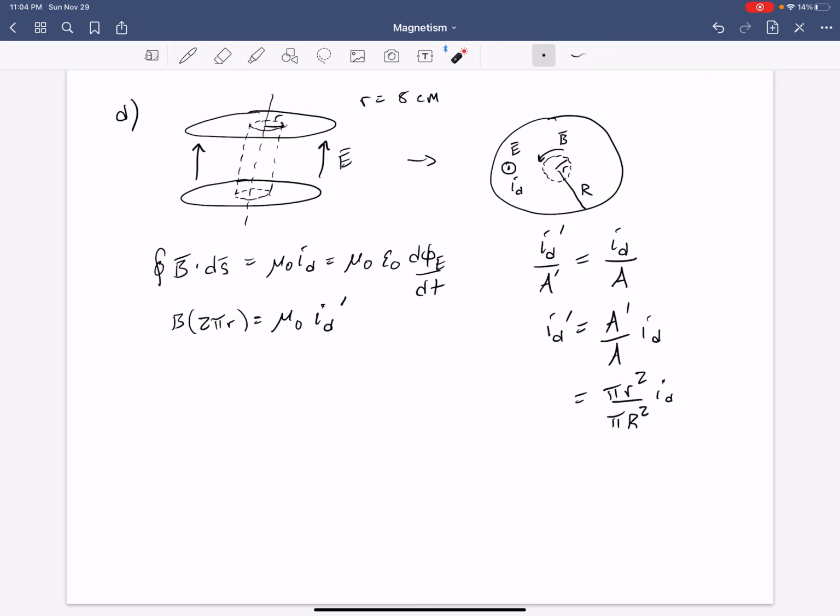By the way, this unprimed displacement current was stated in the problem, okay? So now we can take that expression and plug it in right there, such that we have the following. The pi's cancel out. We have r squared divided by capital R squared times ID.